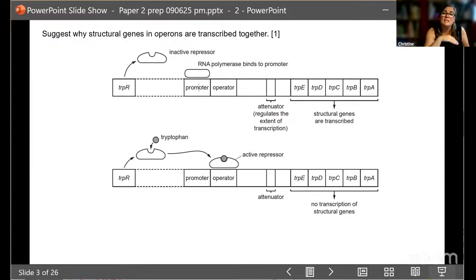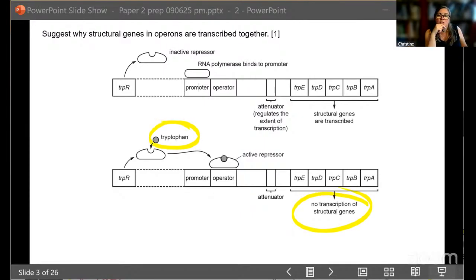Therefore, they may need to switch on genes that were originally switched off, or in this case the opposite way around, they need to switch off the genes, because there's no transcription occurring when there is an environmental signal that they should switch off the genes. So it really just depends what example they give you as to how they want you to answer it.